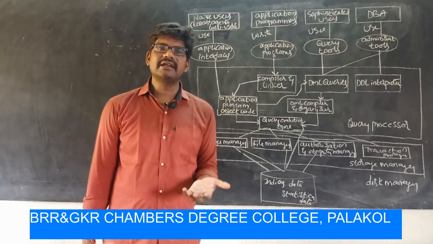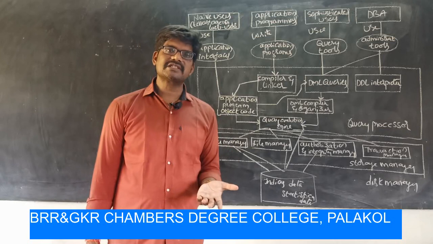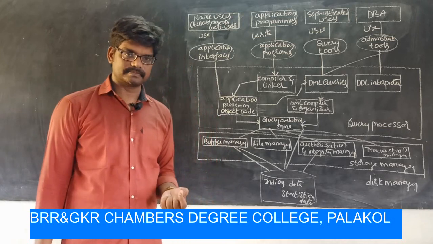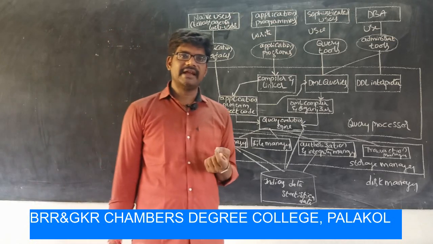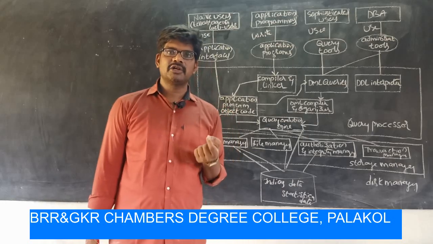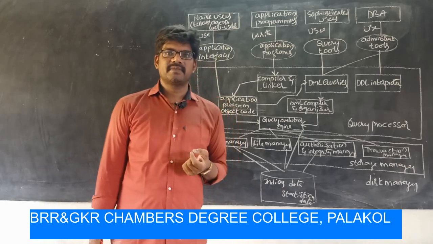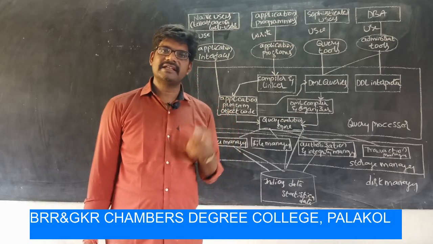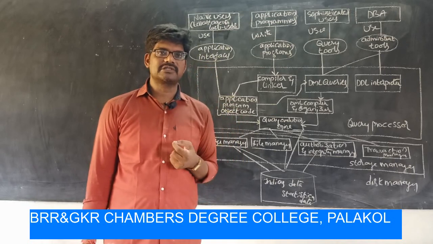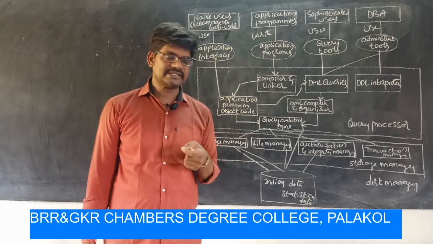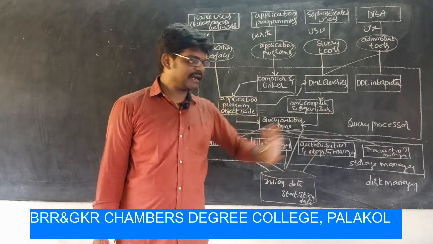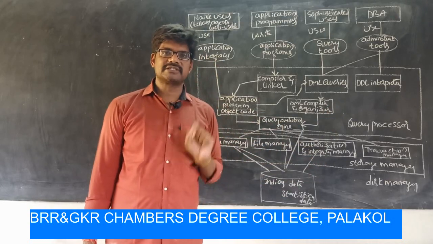So another important one is interfaces of the database management system. The user interacts with the database through the interfaces. The database system is divided into two modules. What are the modules? One is storage management and another one is the query processor.